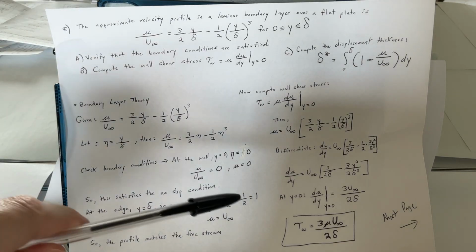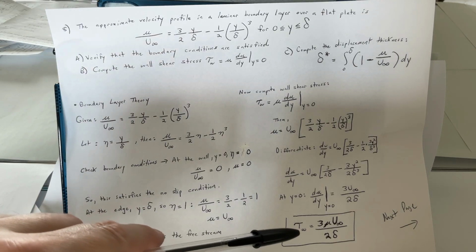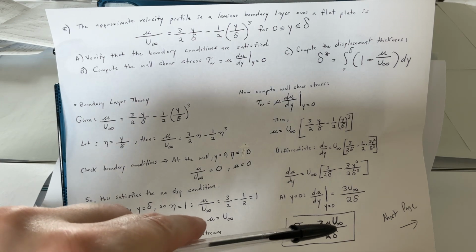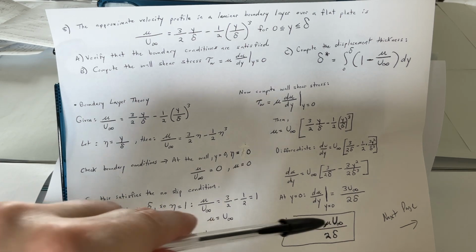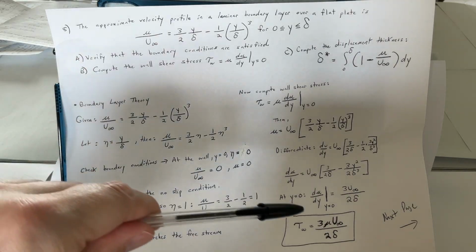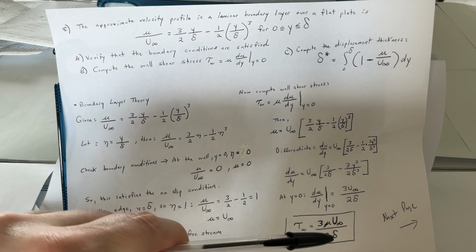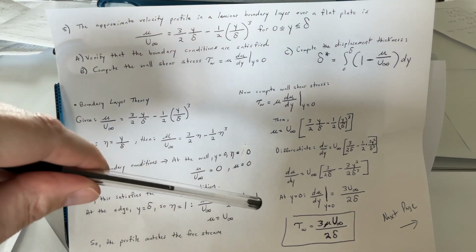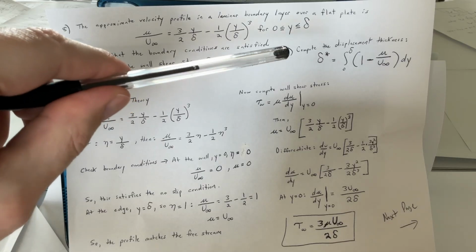So our tau sub w here equals 3 times mu times capital U sub infinity divided by 2 times delta. So that takes care of that component. Now, moving along to the next page, but first, we're done with letter B. Letter C is the next page.